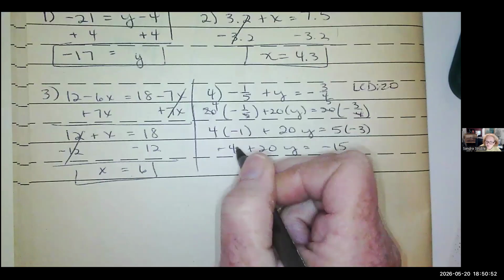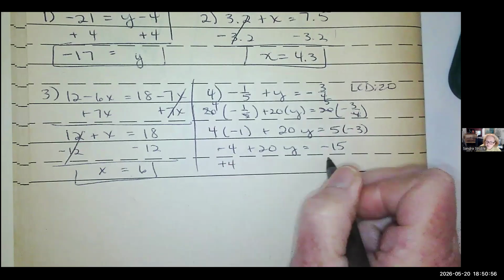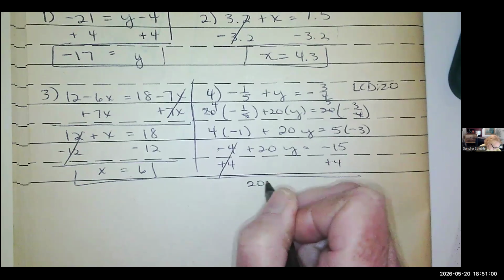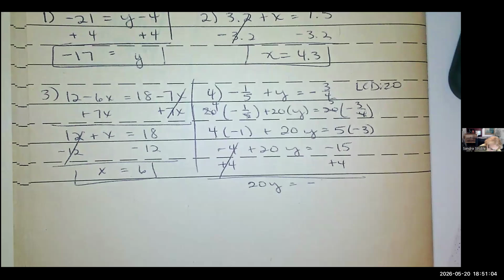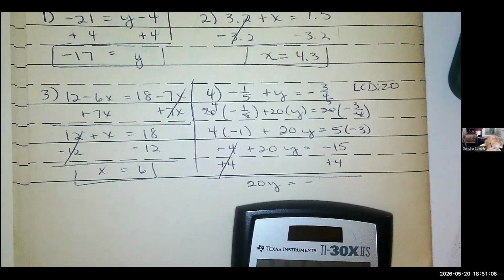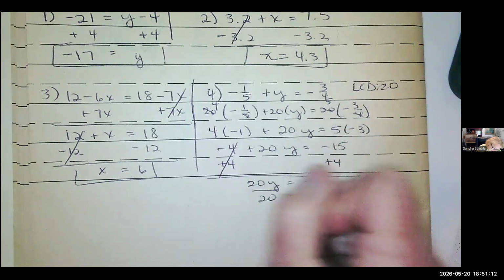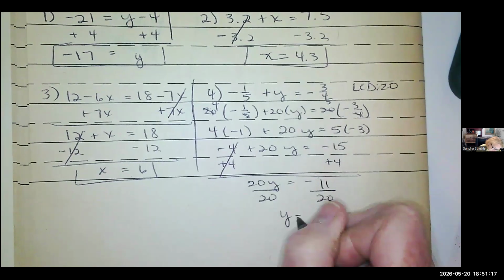It's negative, so I need to add 4 to both sides. Gone. 20y is equal to negative 11, it looks like. All right, divide both sides by 20 because 20 is multiplied to the y. So y is equal to negative 11 over 20.